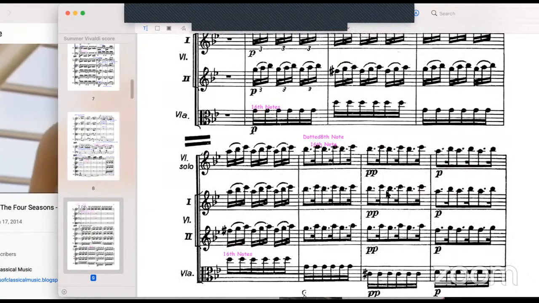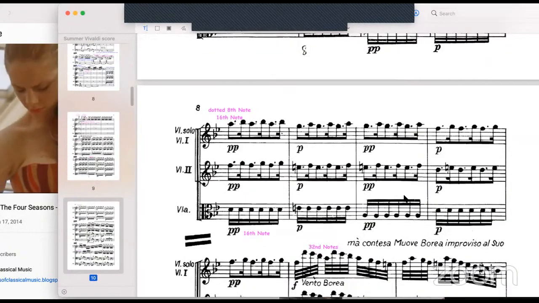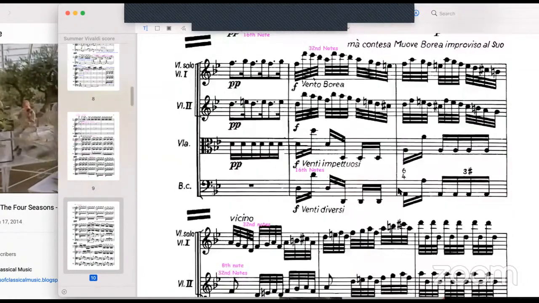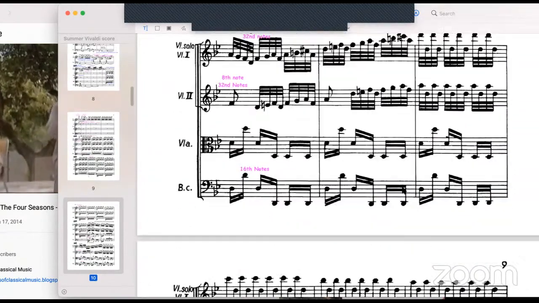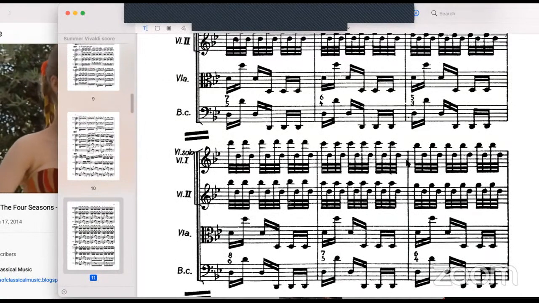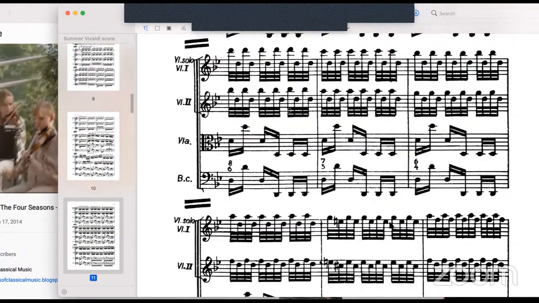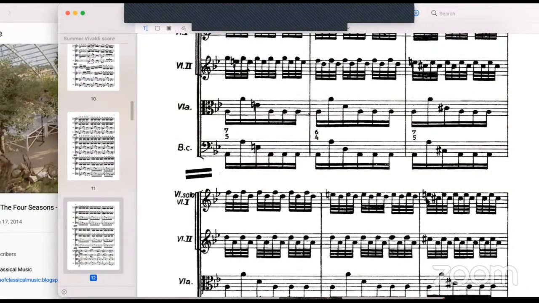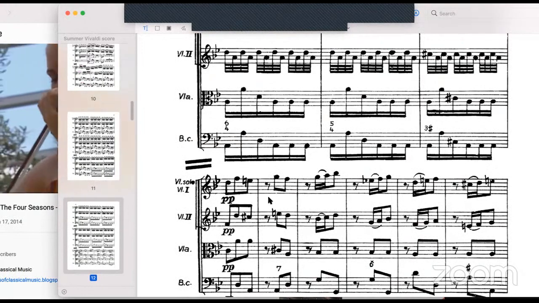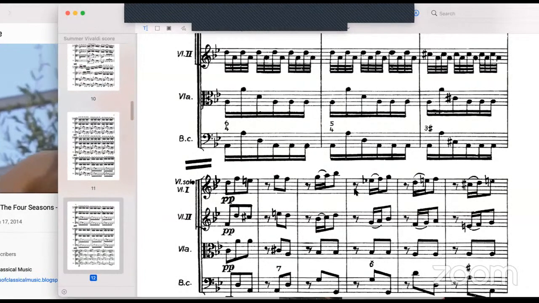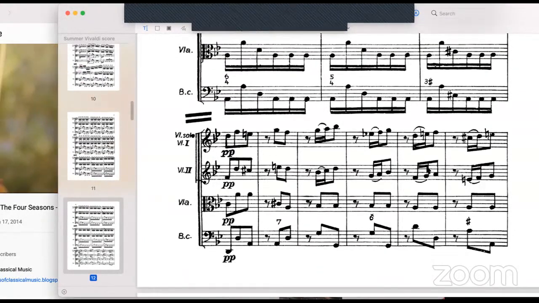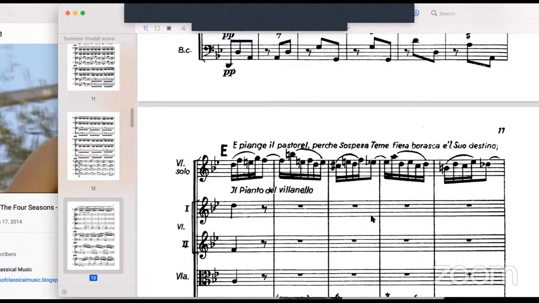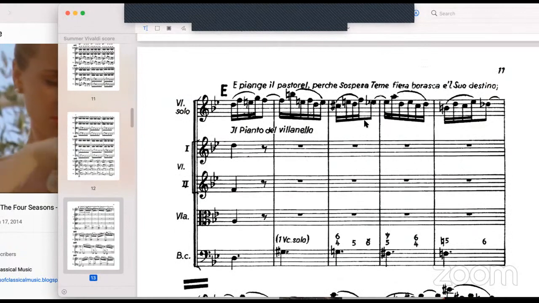After the eighth note, the 16th. The second note. Slide the eighth note to the 16th.